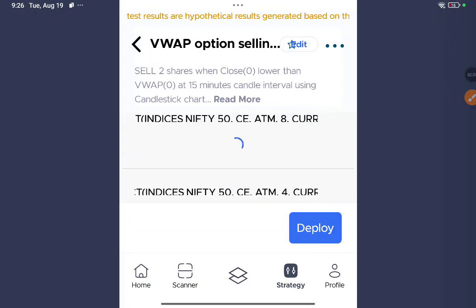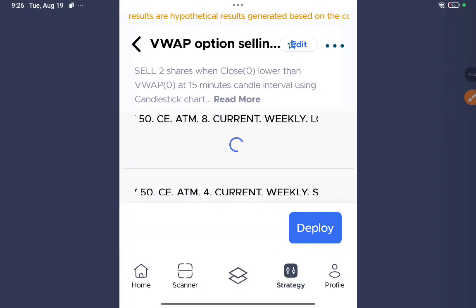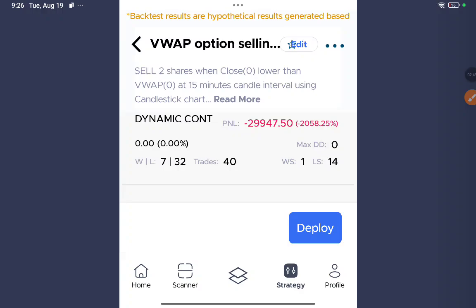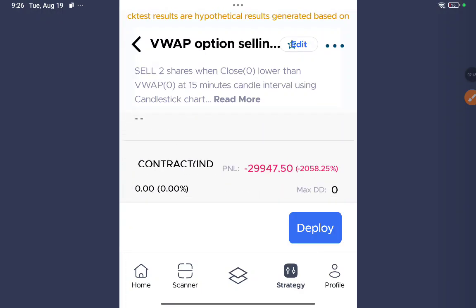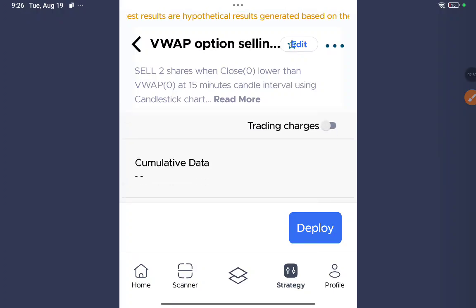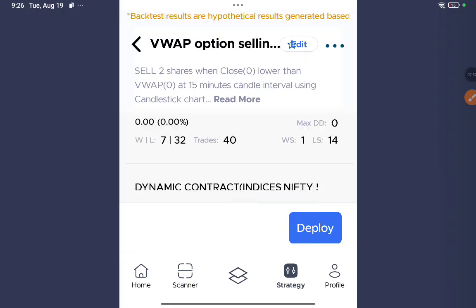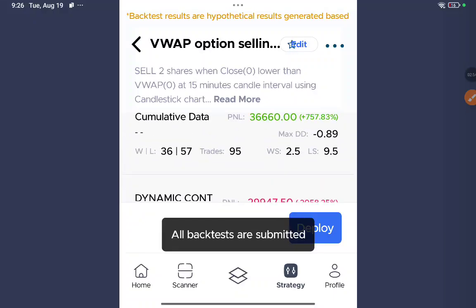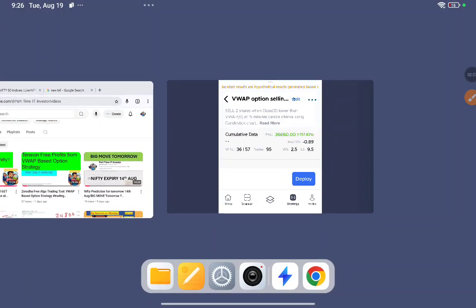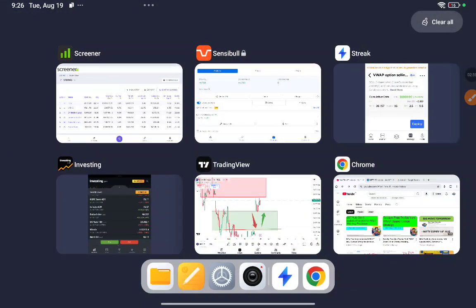If capital is not sufficient, this strategy will give an error that capital deployed is insufficient. You can see here we are not getting that error. So with 1.5 lakh as well, we can do this strategy. I hope that answered your question. If you have any further question, please do comment on the same video. I will try to answer.